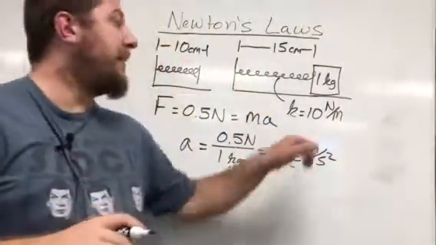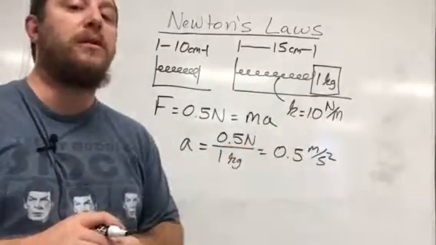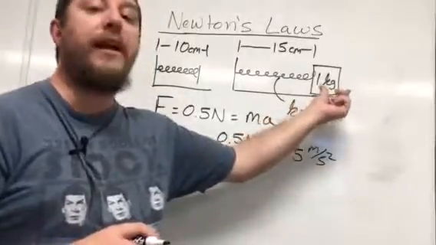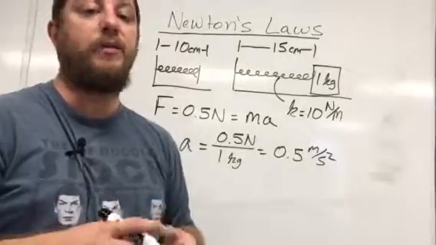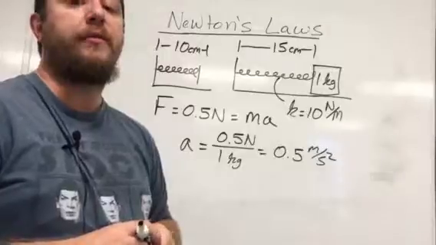Now you should be able to see that if I make K stiffer and stiffer, if I let K get larger and larger, the larger this acceleration is going to be. A very stiff spring is going to snap back a lot faster than a non-stiff or a loose spring. Okay, so that is how you can use springs.